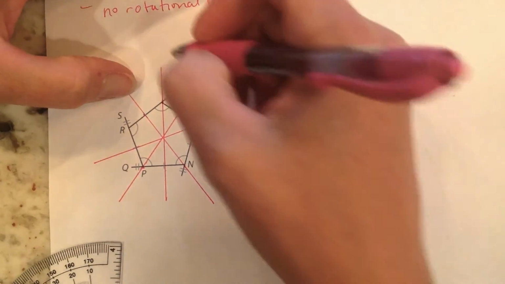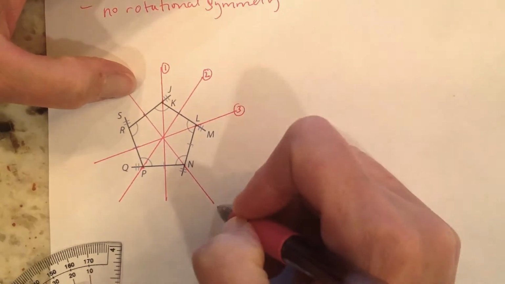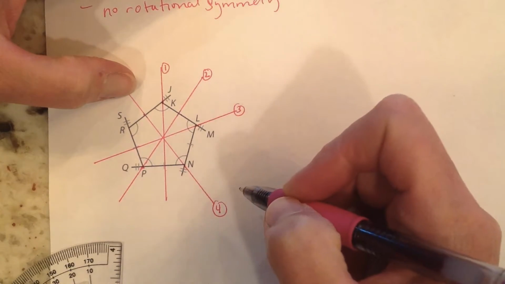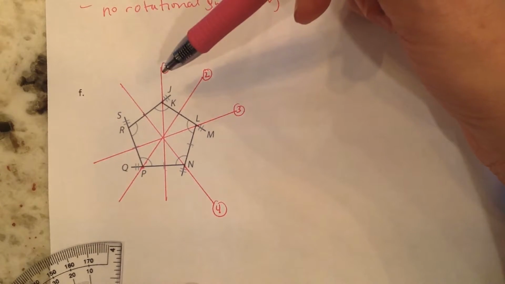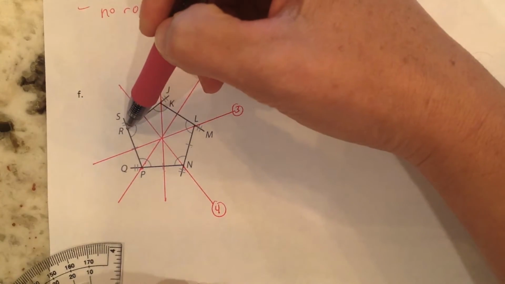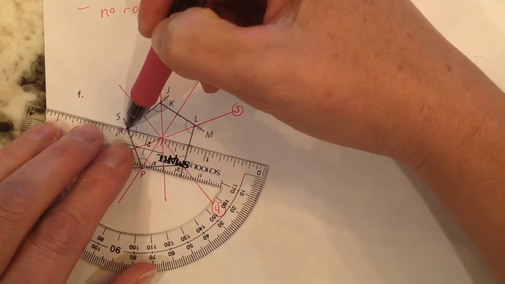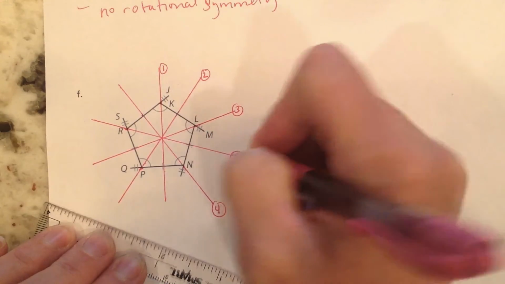So I have, how many lines of symmetry? I have 1, 2, 3, 4 different lines of symmetry. Oops, I forgot one. Here through R, which makes it 5 lines of symmetry.